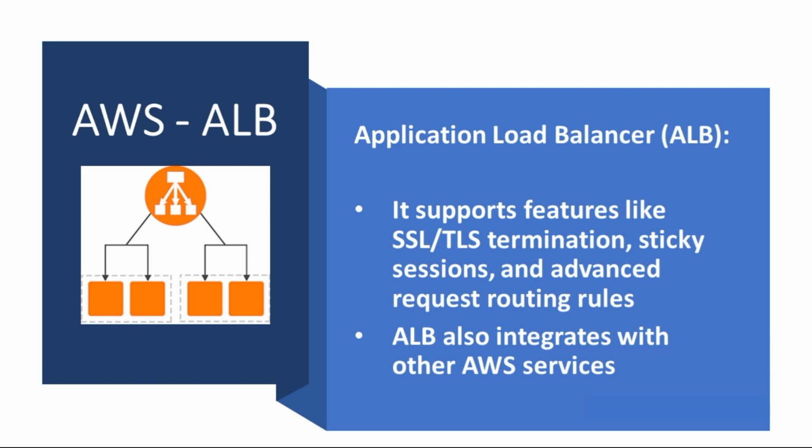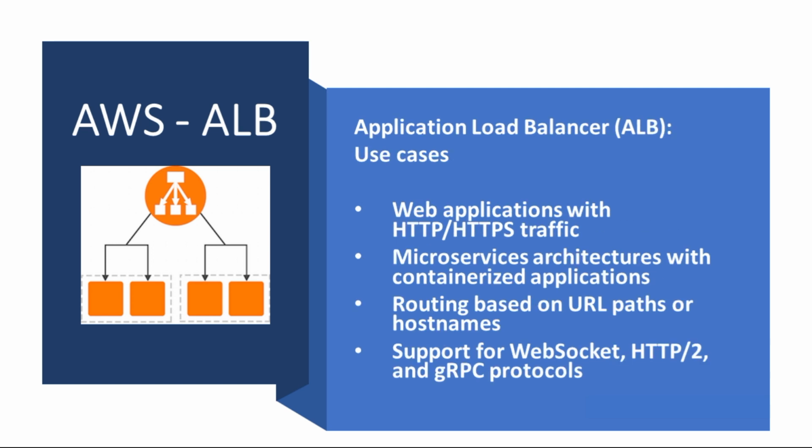It supports features like SSL/TLS termination, sticky sessions, and advanced request routing rules. ALB also integrates with other AWS services like AWS Certificate Manager and AWS Web Application Firewall, that is WAF, for enhanced security.